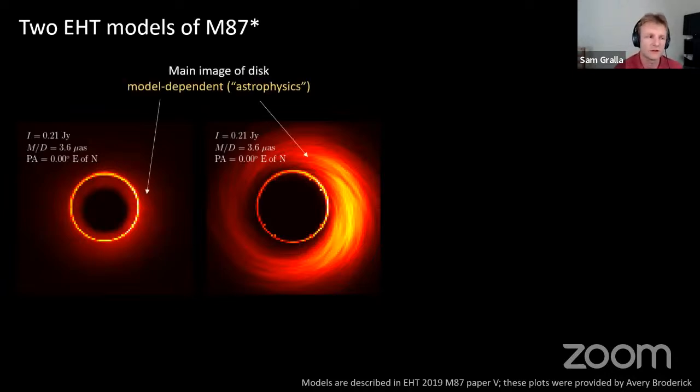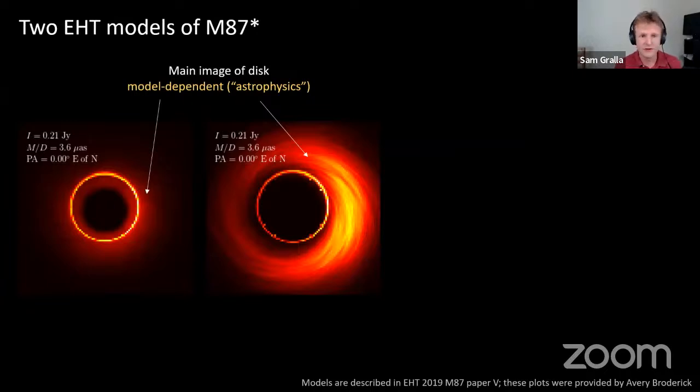The first feature is the main ring. Notice the model on the left is quite different from the model on the right. The model on the left is narrower. It's also smaller in terms of its overall diameter. These images are the same scale on the sky for that black hole.